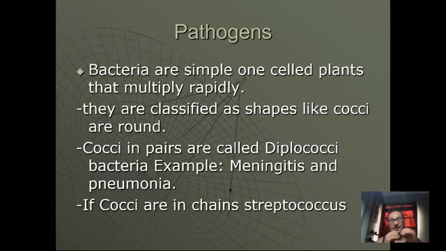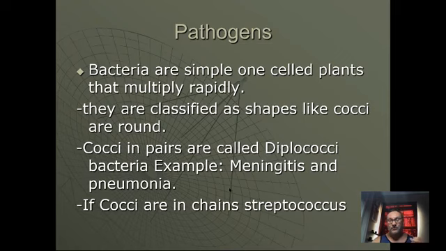As these cocci start growing and developing, they can create groups like clusters. And if cocci are in chains, that's streptococcus. You guys have heard of strep before. That's all it is, a bunch of little cocci, little circles together.